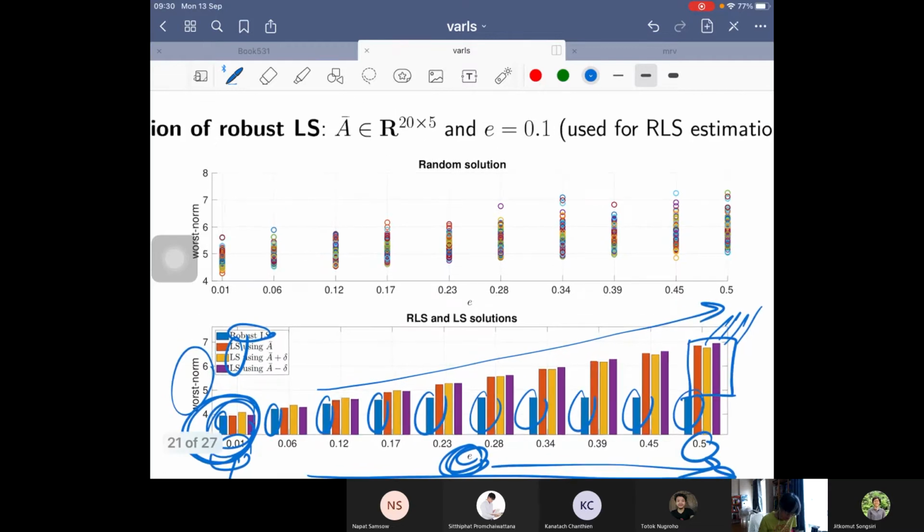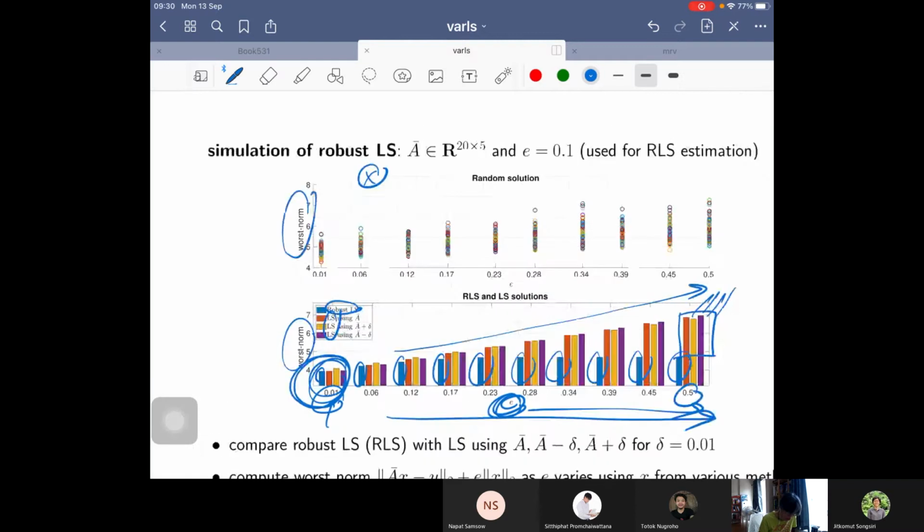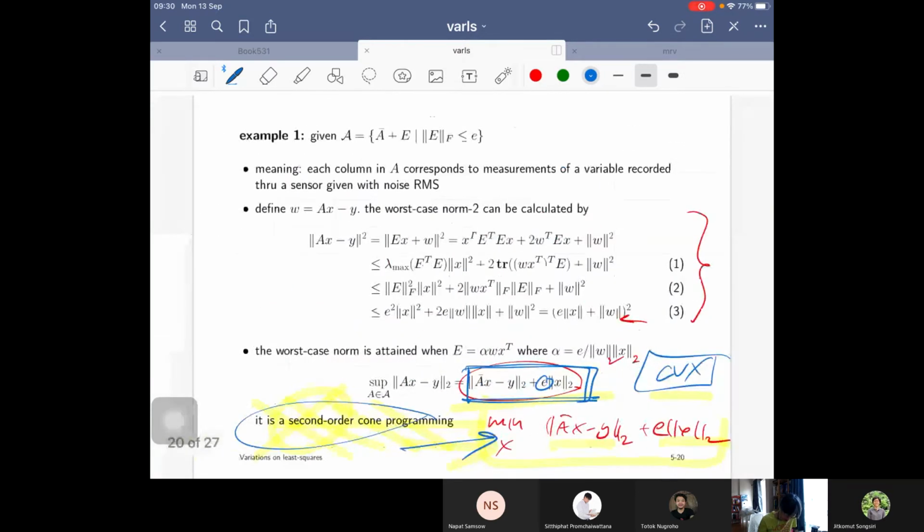In the top bar, I do the same, but now I pick any values of x randomly, and I compute the worst norm. Again I use the expression of the worst norm in here.